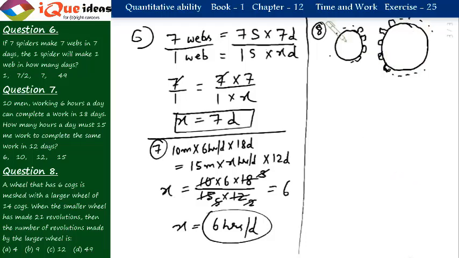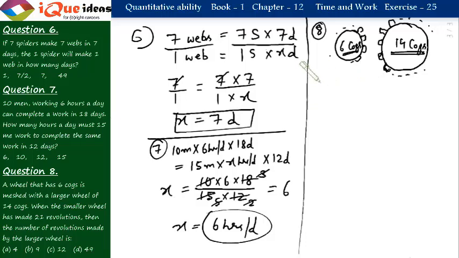If the one wheel has 6 cogs, that means it is smaller because it has only 6 cogs, and the other wheel has 14 cogs. It is larger, right? So when the smaller wheel takes one full revolution, it covers 6 cogs, right? When the larger wheel takes one full revolution, it covers 14 cogs, and the total number of cogs covered in the same time must be same. Then only they can be meshed up together, or they can be joined together, right?